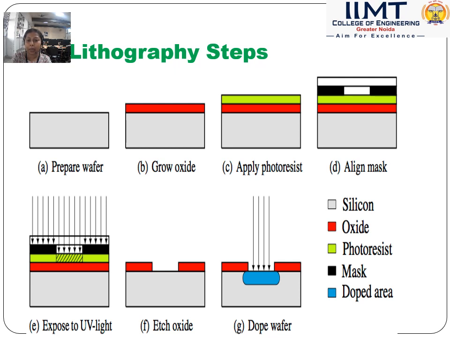After application of light, X-ray or E-beam, we etch our surface for removal of the silicon dioxide, and the removal is also done using different types of acids. After that process, we apply our doping material or diffusion process across the selected area.